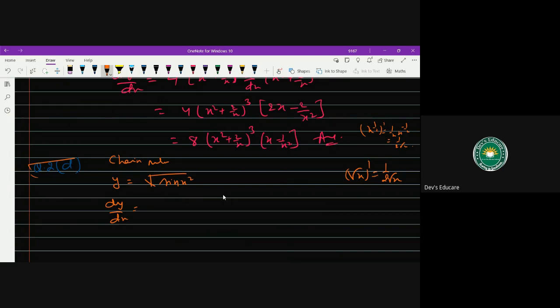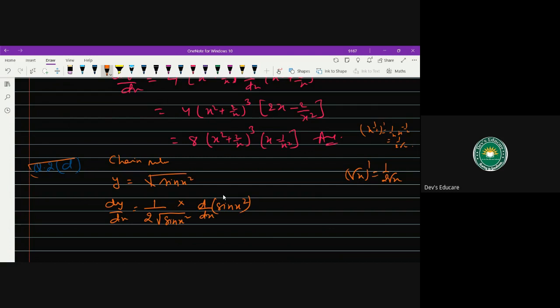So consider this whole as x. Derivative of root x is 1 upon 2 root x. In place of x, there is sine x square, so we will multiply by the derivative of sine x square.